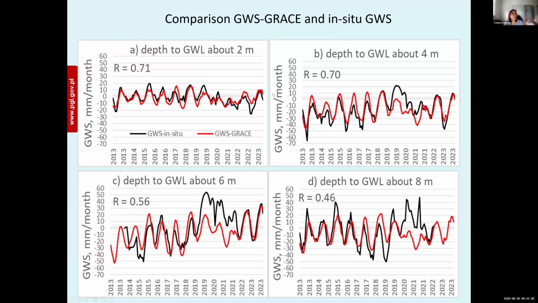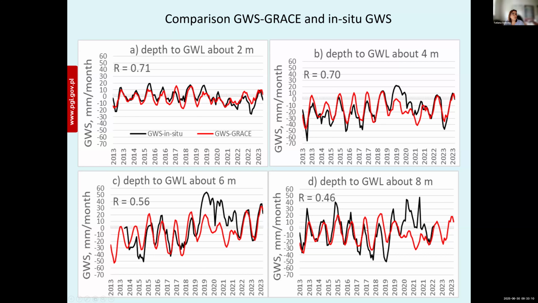However, with increasing depth to the groundwater table, a time lag effect in the simulated groundwater level compared to observed. At depth to approximately 6-7 meters, the lag is about 1 month, and at depths greater than 8 meters, it increased to 2 months.